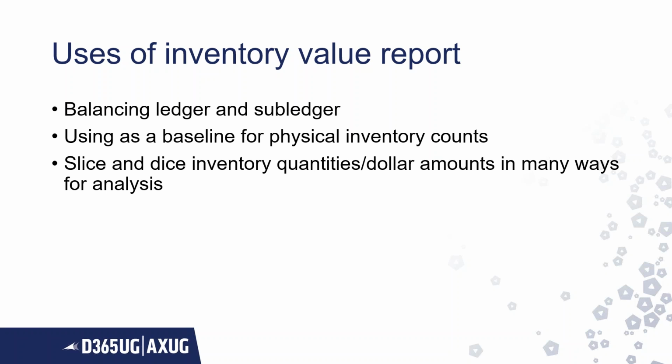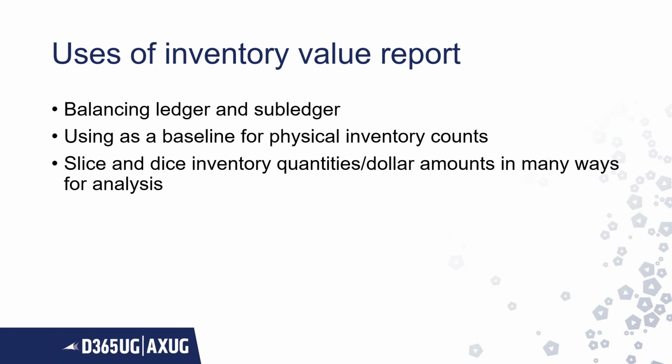But obviously, it's a very complex report that will take some getting used to, and hopefully this will give you guys building blocks to be able to interpret it. So, the uses of the inventory value report. I think one of the biggest ones, like I've been talking about, is balancing the subledger and the ledger.